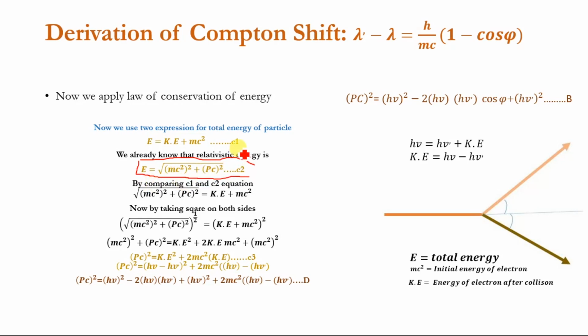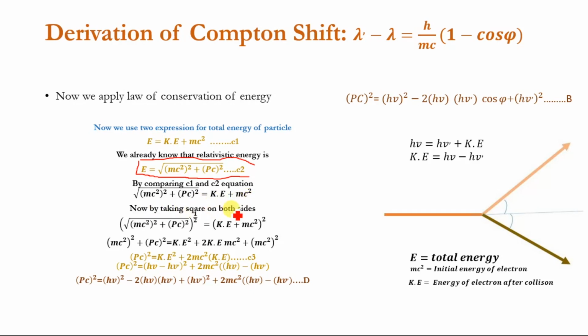By comparing equations 1 and 2, we will get whole under the root mc square whole square plus pc whole square is equal to kinetic energy plus mc square, the rest energy of the electron.